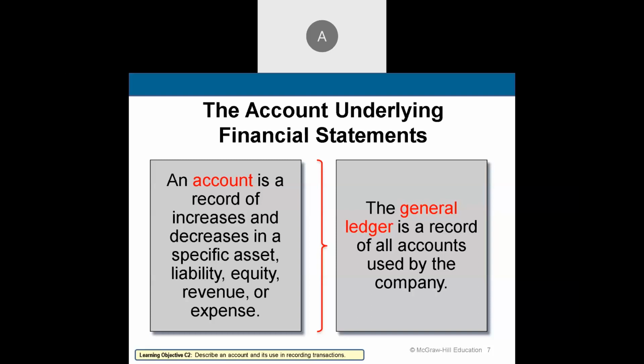To decrease an asset, we credit the asset. That's on the left side of the accounting equation. Assets are on the left side of the equation. Now let's move to the right side of the equation.